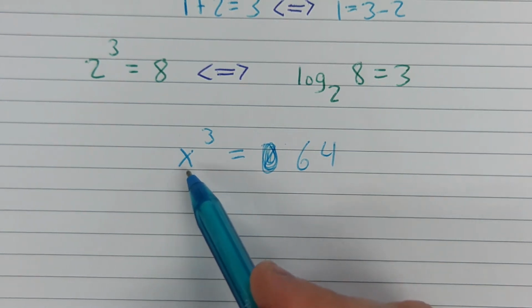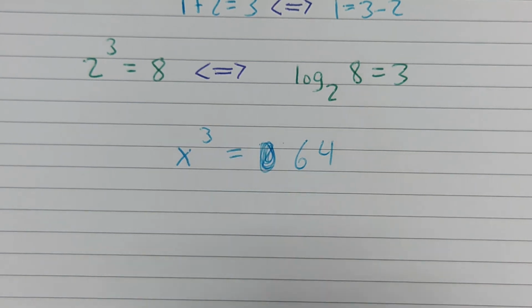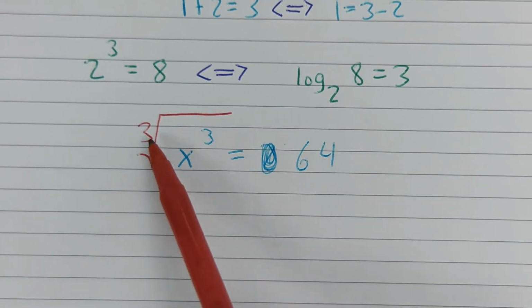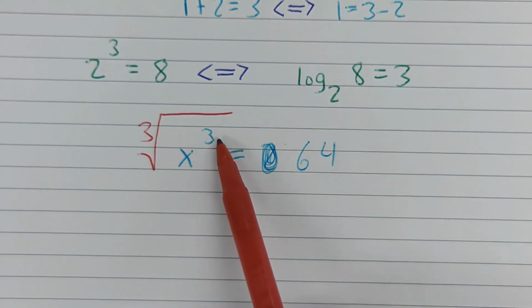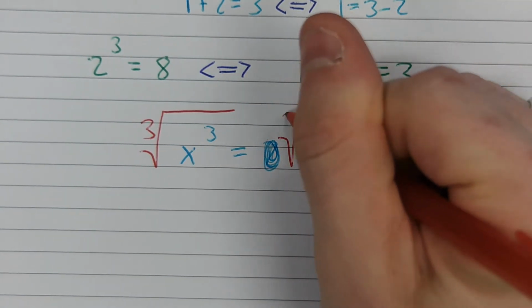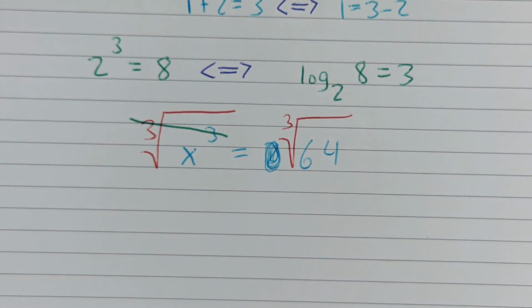You would use the inverse operation of a third power, right? You would use a third root. Notice how the index and the exponent match, right? And this is how you cancel that, because they're inverse operations, correct?